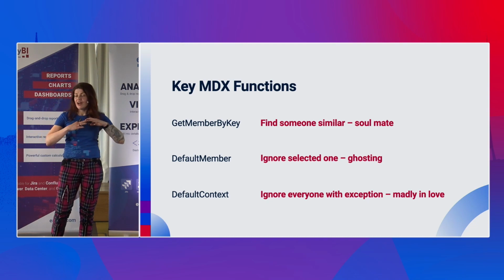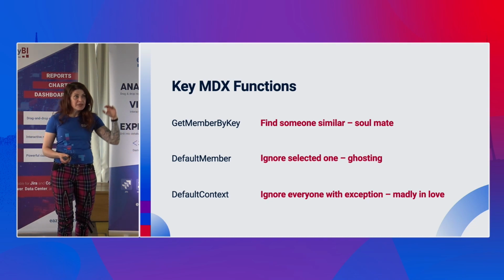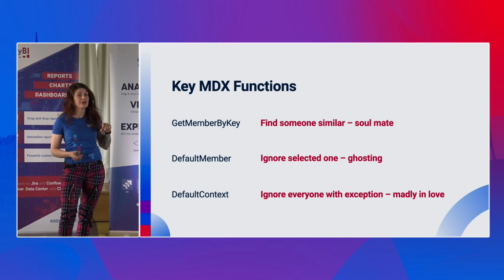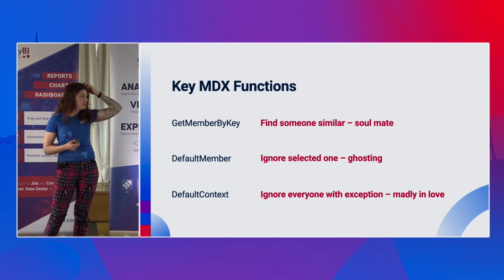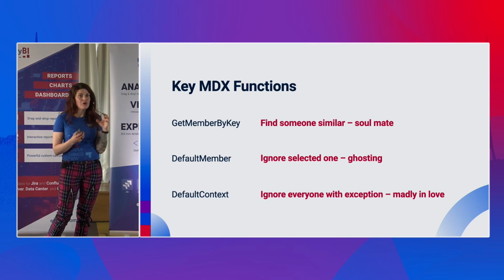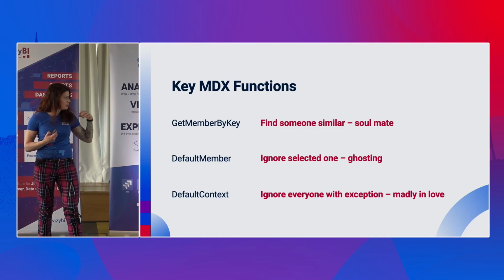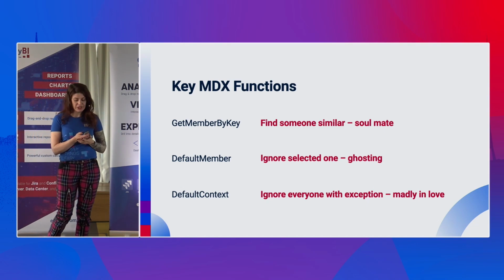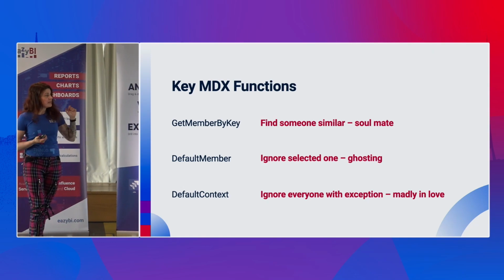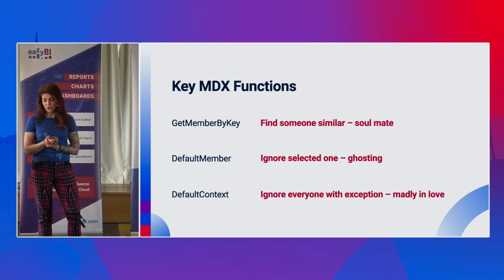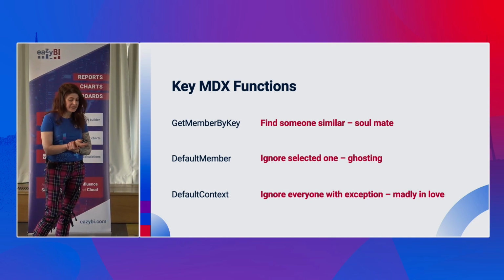It says, okay, let's ignore everything we have on the report except the things we have listed within the function. So it's very focused. It really helps if you know only the things you want to keep, the relations you want to keep with the metric. So those three are commonly used to change the context, and we will use them in our further examples.